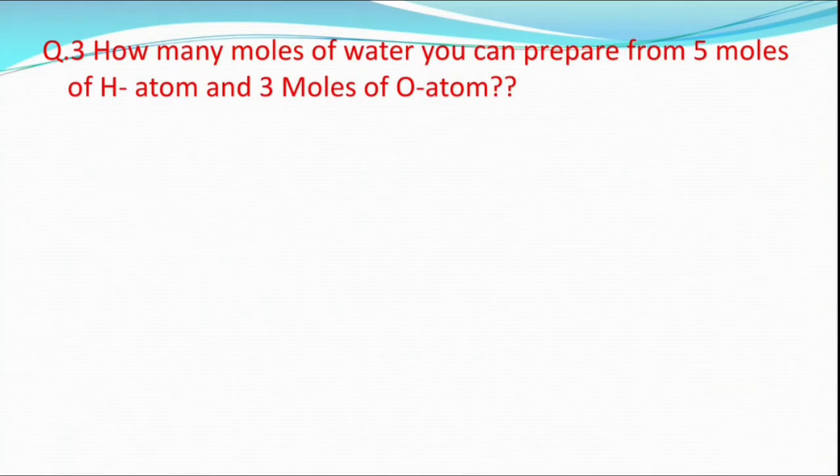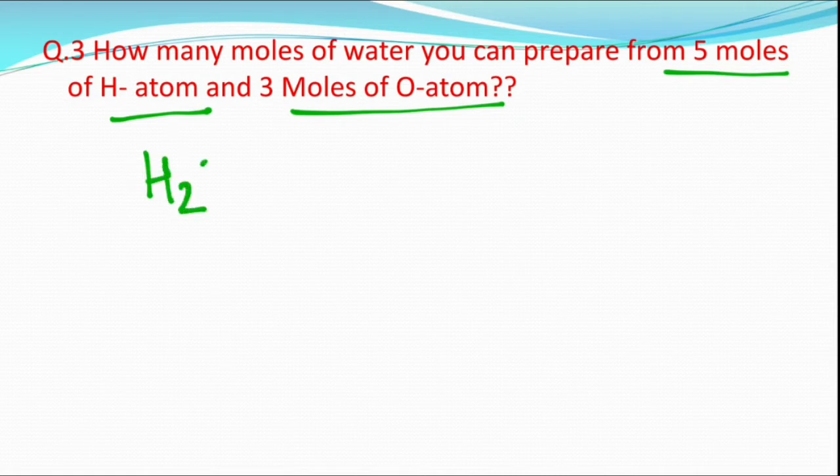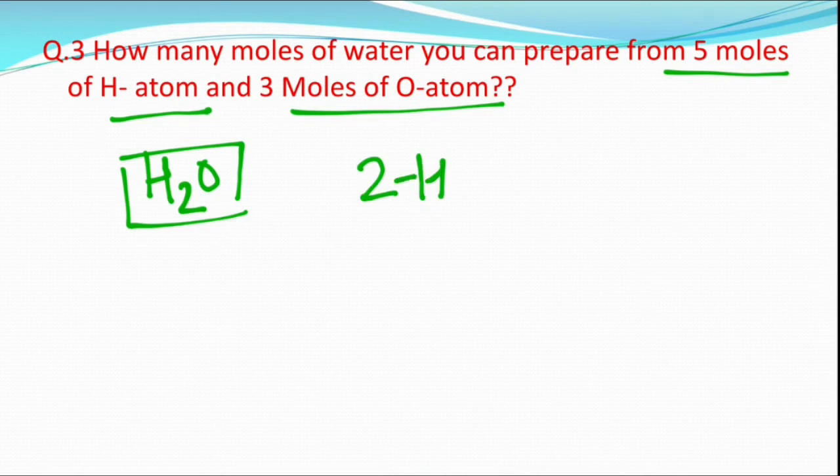How many moles of water can you prepare from 5 moles of hydrogen atoms and 3 moles of oxygen atoms? Now this is also a tricky question. We know that the molecular formula of water is H2O. So we require 2 hydrogen atoms and 1 oxygen atom to form 1 molecule of H2O.